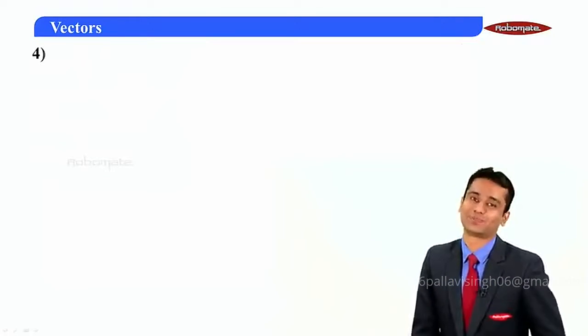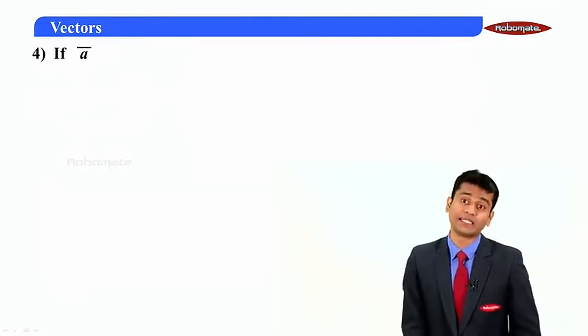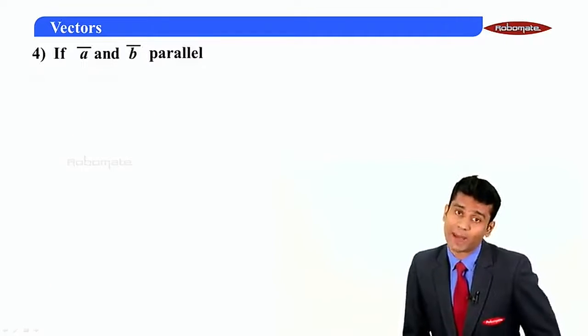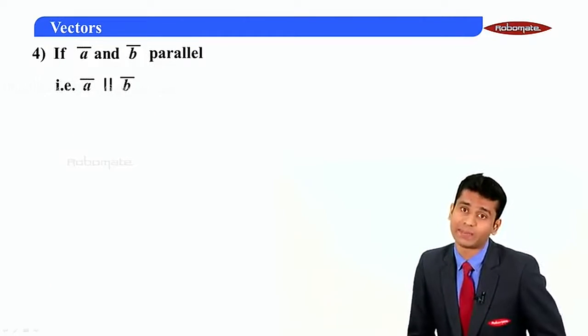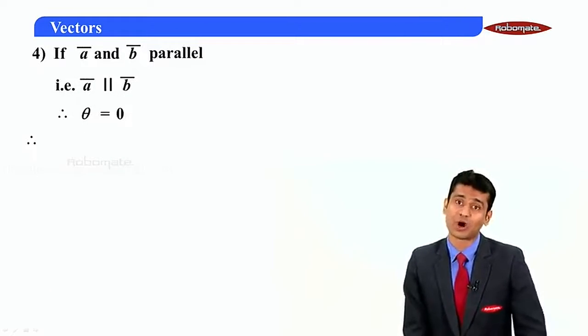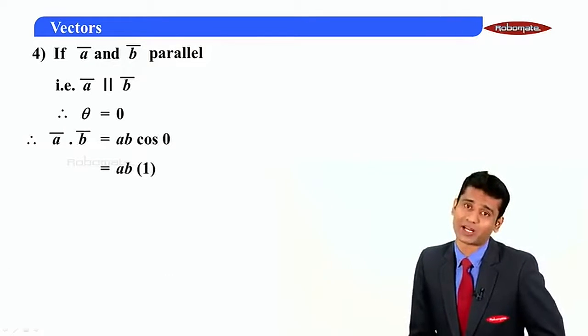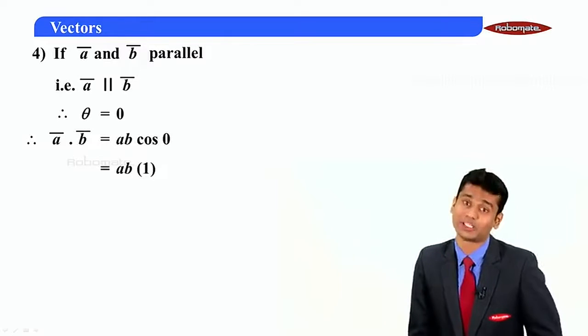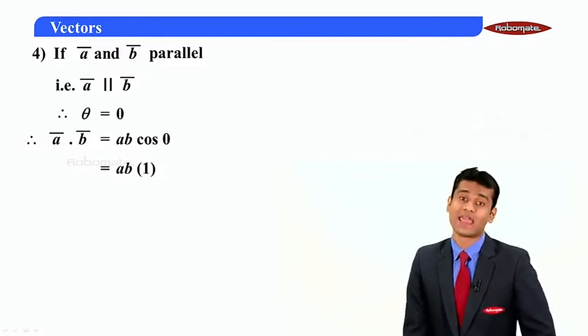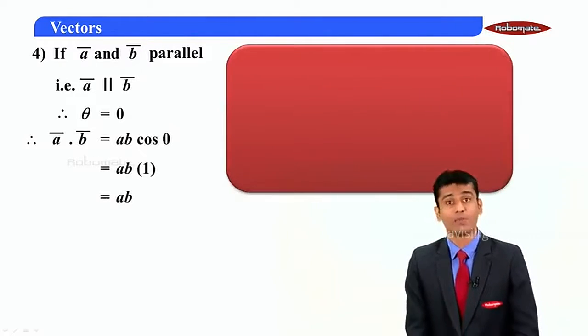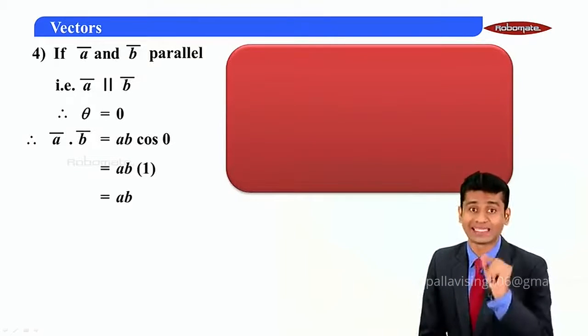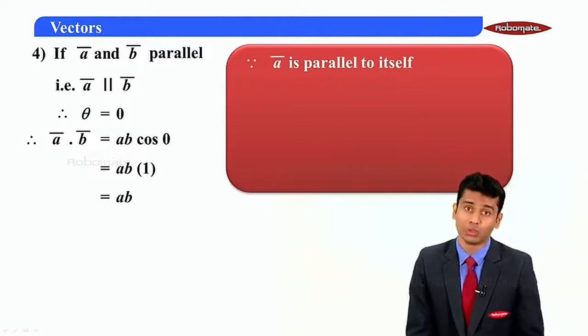Let us come to the next property. The property says if A bar and B bar are parallel, the theta between them is 0. So cos theta is cos 0, which is equal to 1. So the answer A bar dot B bar is AB cos theta, AB cos 0, AB into 1, AB. From here, one more result has come. A bar itself is parallel to itself.